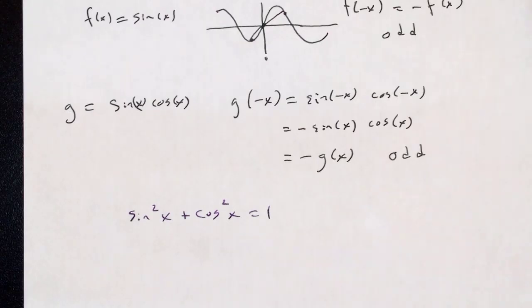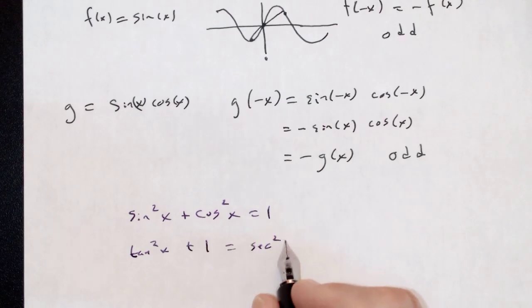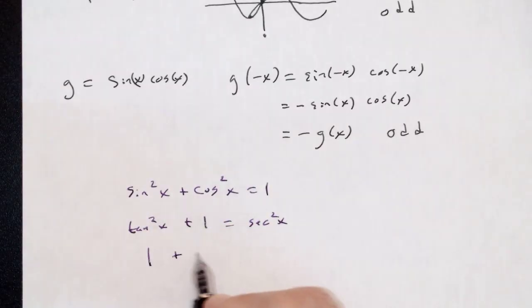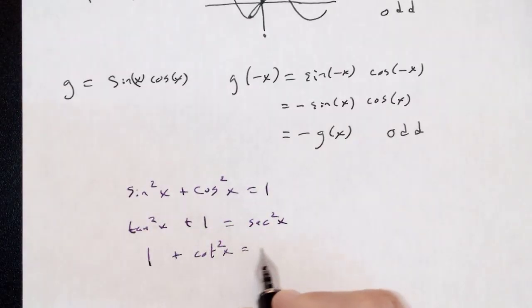Divide everything by cosine, and this becomes a tangent, this becomes a 1, this becomes a secant. I don't have to memorize that one. I can get it from the first one. If I divide by sine instead, so I divide by sine squared and cosine squared in both cases, I only need the first one, and I can get the other 2.